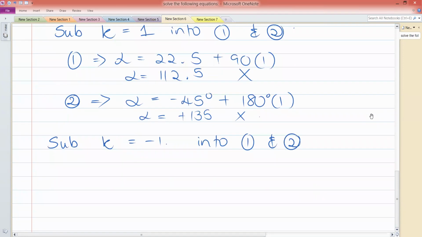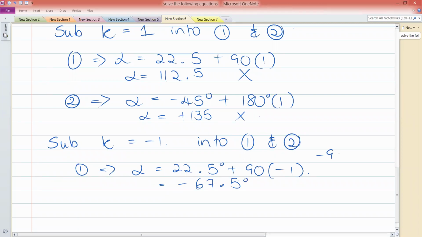So let us now try k equal to negative 1 into equation 1 and 2. In equation 1, alpha equals 22.5 plus 90 degrees times negative 1. Let's see what happens. 22.5 minus 90 gives us negative 67.5. Is negative 67.5 degrees in our range? Yes, it is. It is bigger than negative 90, so we're going to take this answer.